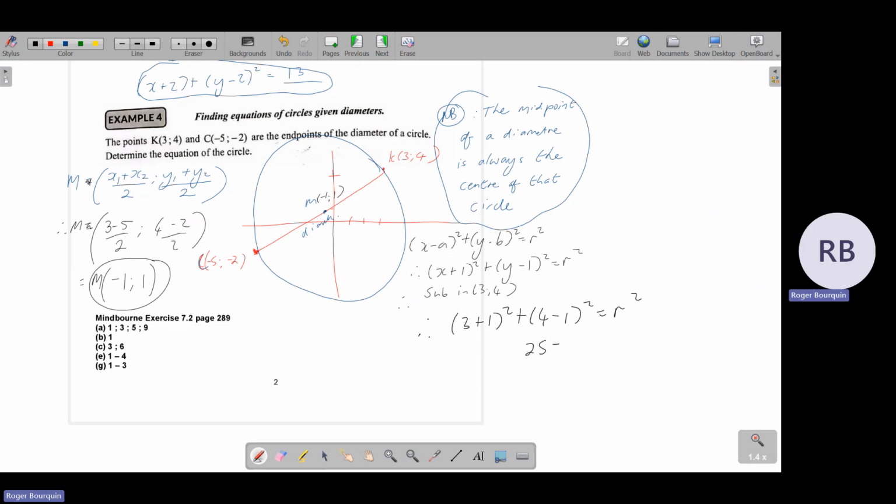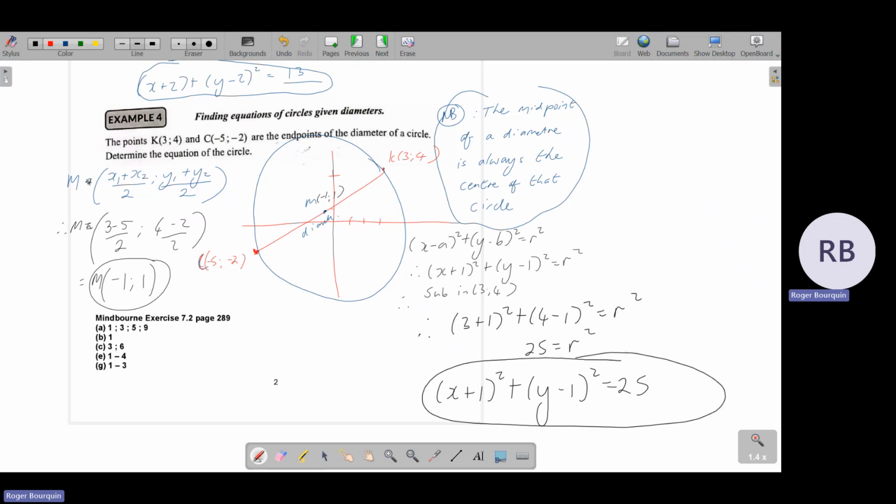So my final answer, a lot of people get here and they forget to write the final answer. So I get (x plus 1) squared plus (y minus 1) squared equals 25. Here's your final answer.